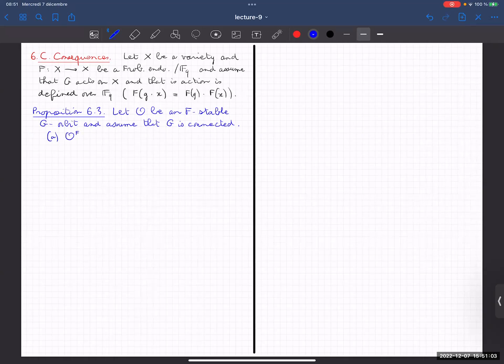This is not obvious. So there is an F-stable point in the orbit. I recall that an orbit is always a locally closed subvariety. So this is a variety, but a variety with an F_q-rational point.